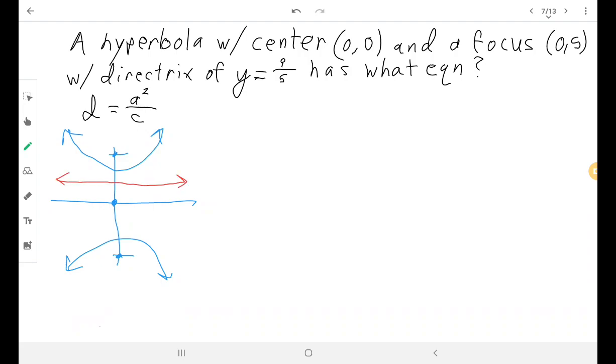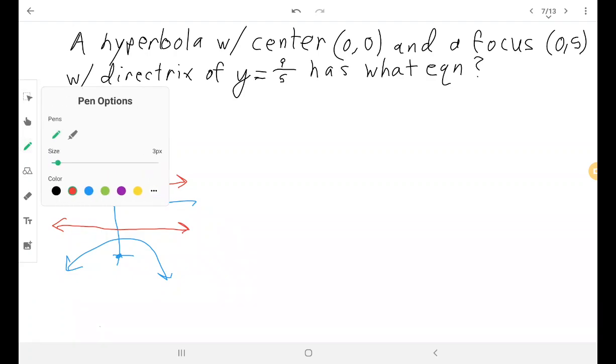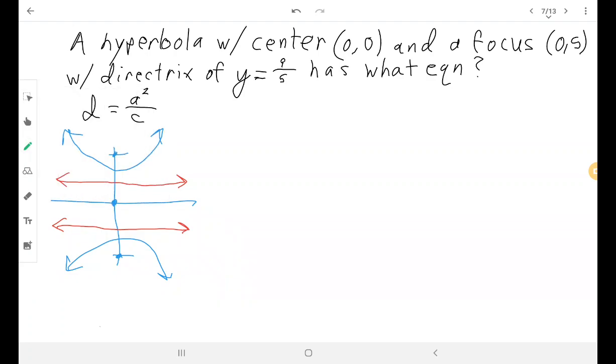We'll just sort of pretend that that's y equals 9/5, and then y equals negative 9/5 would have to be the other one. And because we're at the origin, we know that that d distance is also 9/5. Okay? We also know the c distance. The c distance is told to us right there.